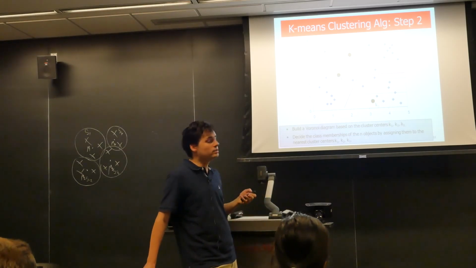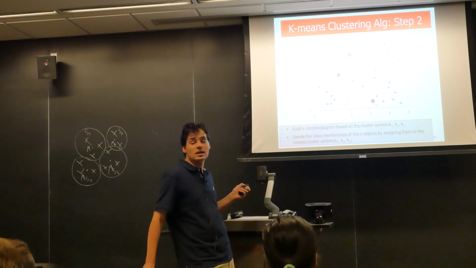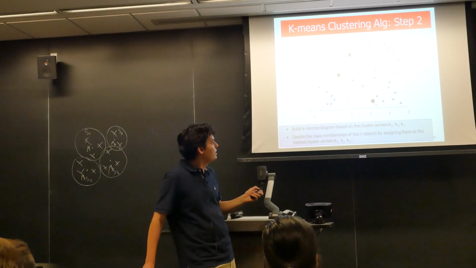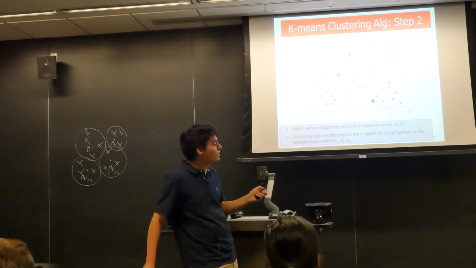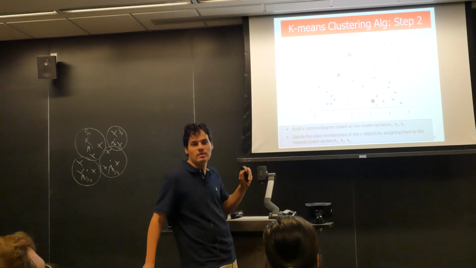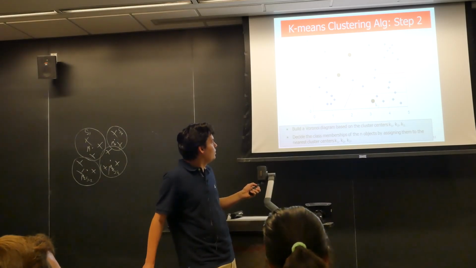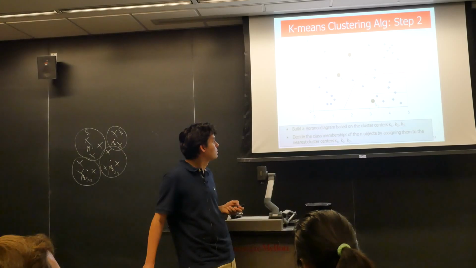Good. The second step: now that we have this allocation, we re-estimate our cluster centers. I know that I allocated these points here to K1, so let's compute the center of these points. That will be my re-estimated cluster center for this class. I do the same here. These points belong to K2, re-estimate the cluster center, it will be somewhere here, and this is how I update the cluster centers.